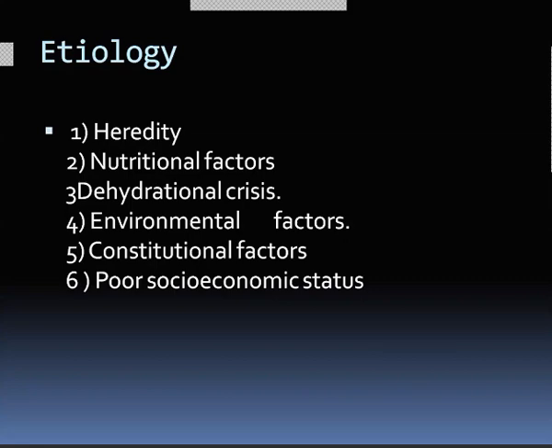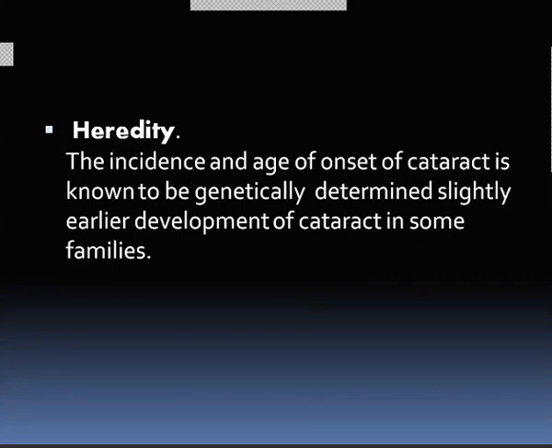That is like nutritional factors, dehydrational crisis, environmental factors. Advise them not to work too much in the hot weather, and also the constitutional factors and poor socioeconomic status. They advise them to take the balanced diet.